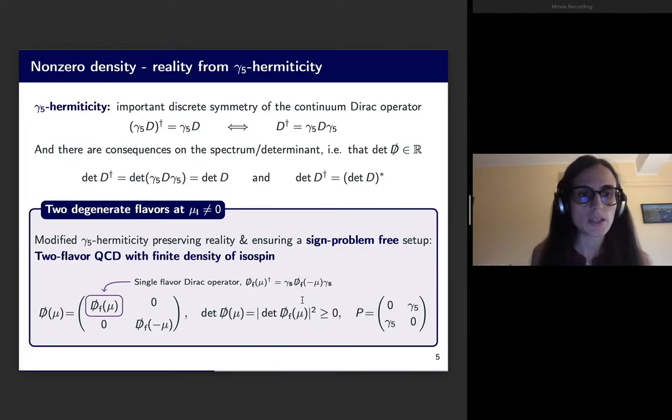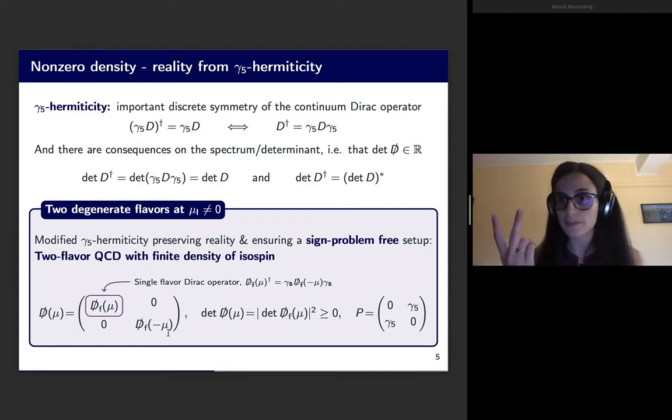As soon as we work in the basis of the up and down flavors and we assign to the different flavors two different values of the chemical potential that are differing by a sign. So this is the full Dirac operator. You have on the diagonal the single flavor Dirac operator for which you know that gamma 5 hermiticity is broken. And nevertheless, since you have different signs of mu in the different blocks, you can obtain that the determinant is real and positive.